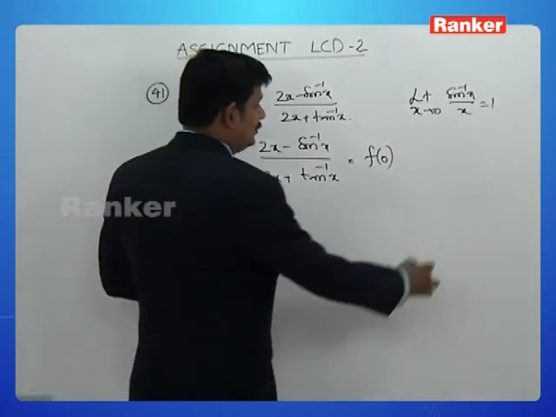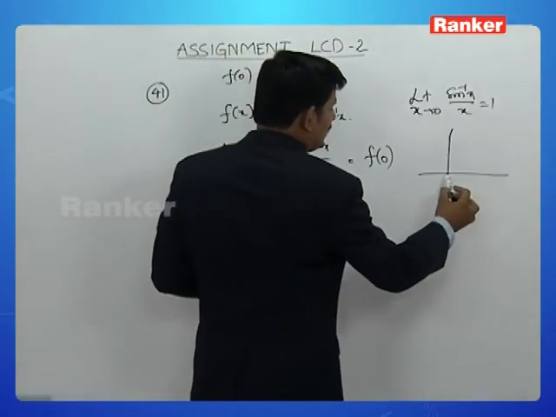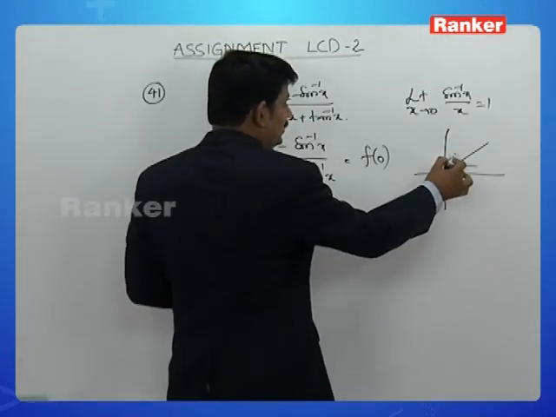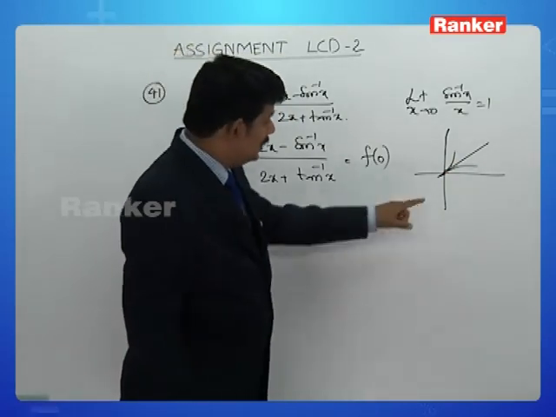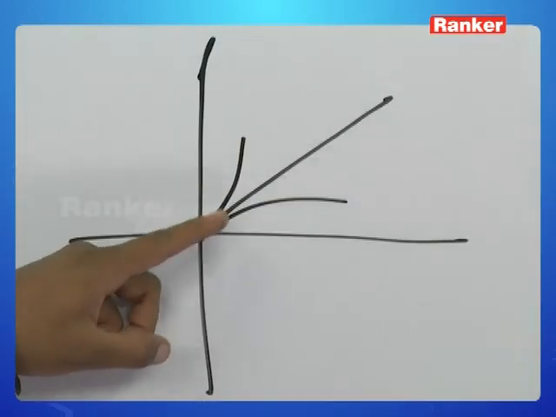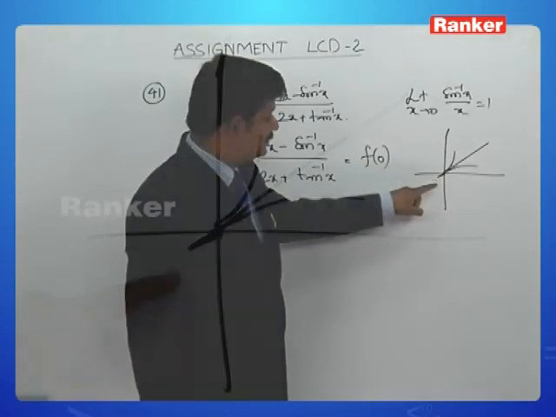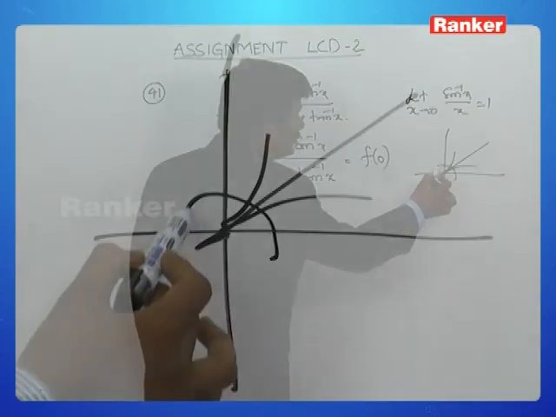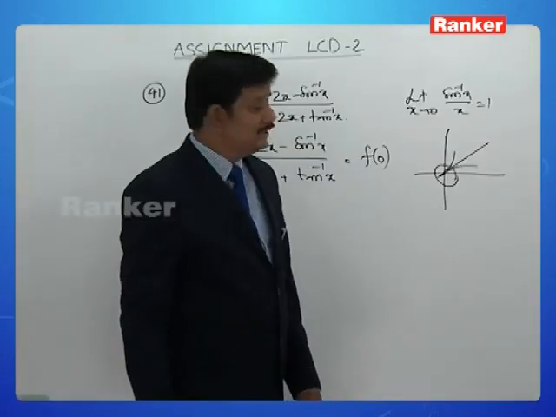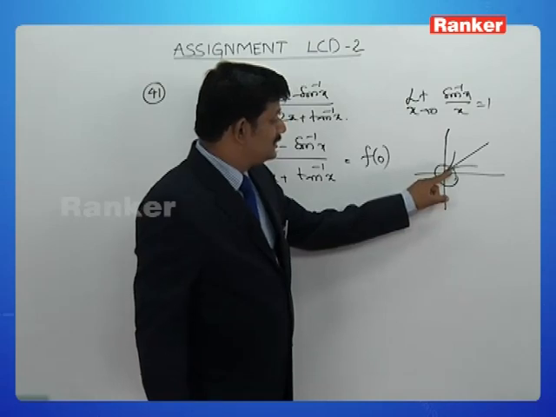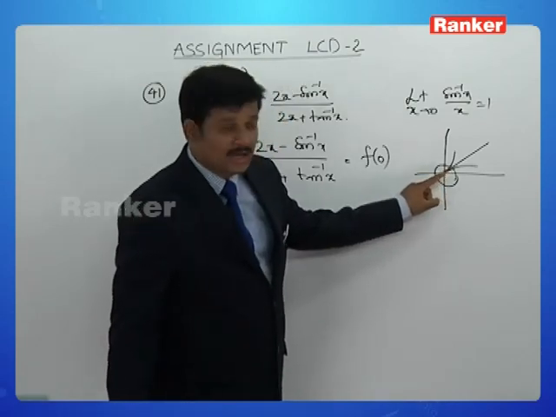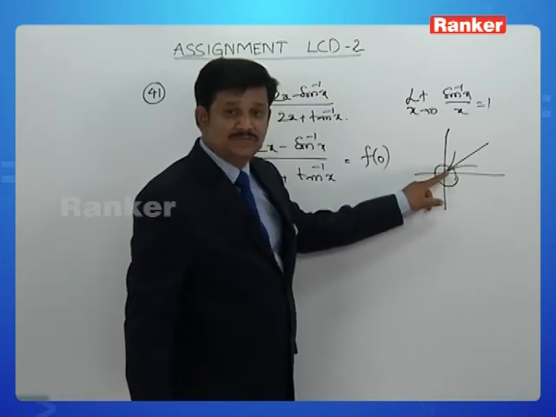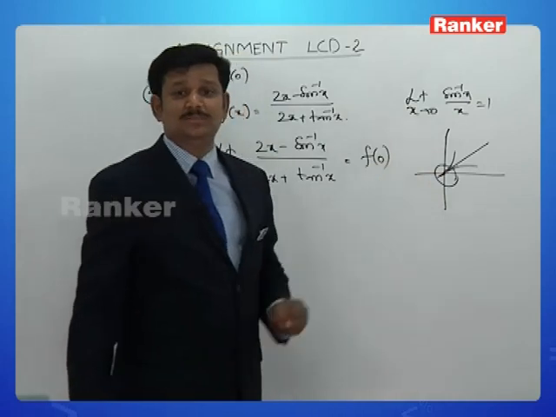That is because graph of sin inverse x is image of graph of sin x with respect to the line y is equal to x. So, sin x by x is equal to 1 in the vicinity of 0 implies sin x and x are almost same. And when sin x and x are almost same, its image of sin x, sin inverse x will almost be same as x.